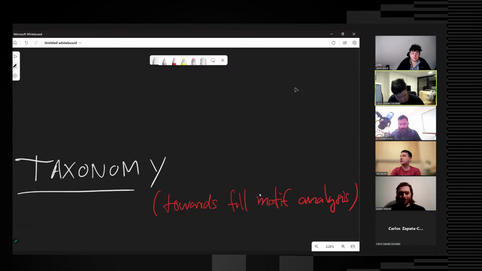Right, so other than working with Nick to keep developing the hypergraph functionality, I am currently setting my sights on full motif analysis to get to spectral theory.